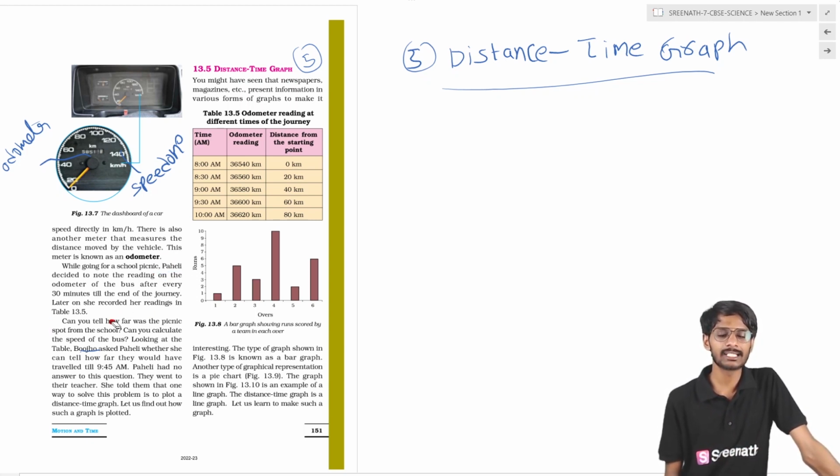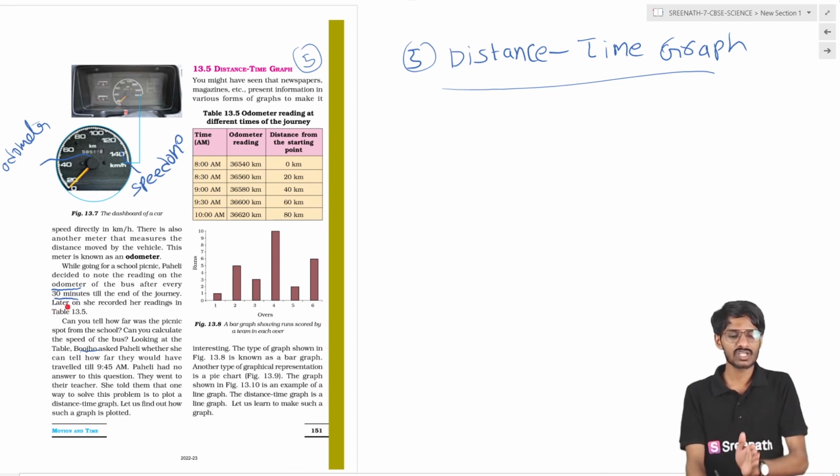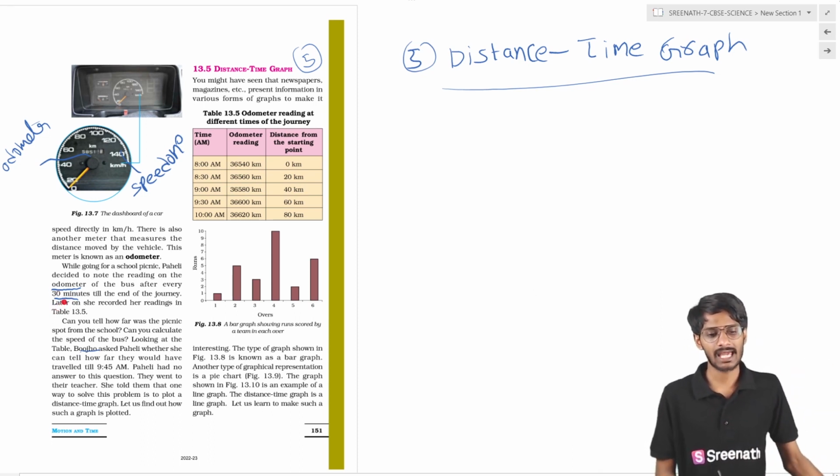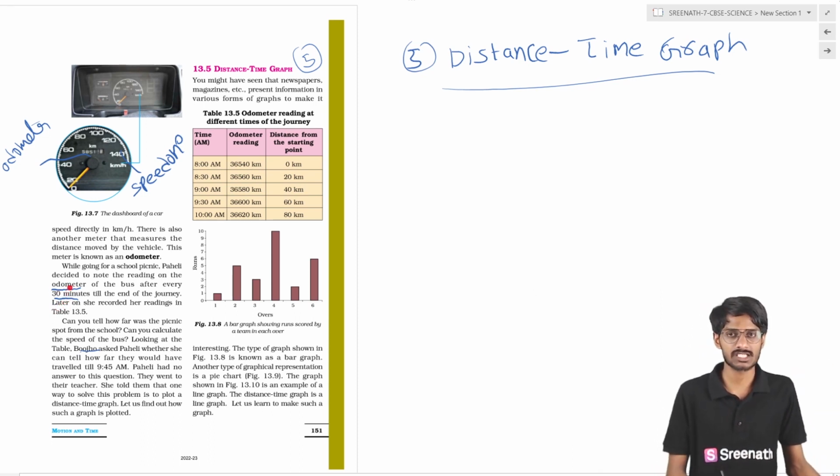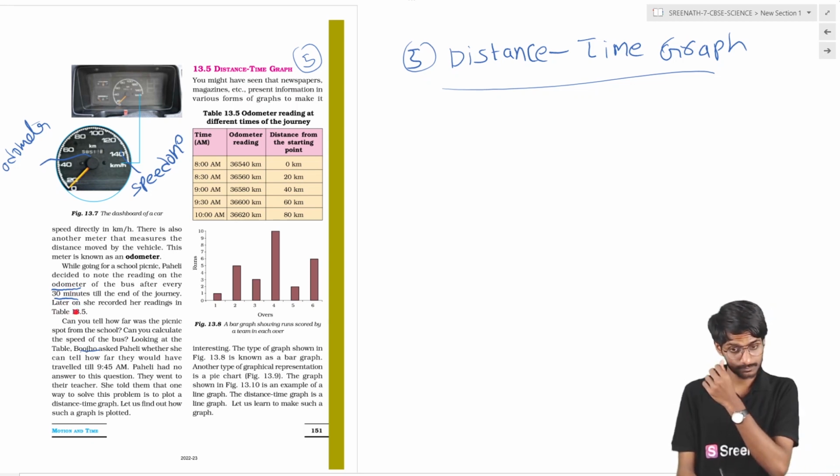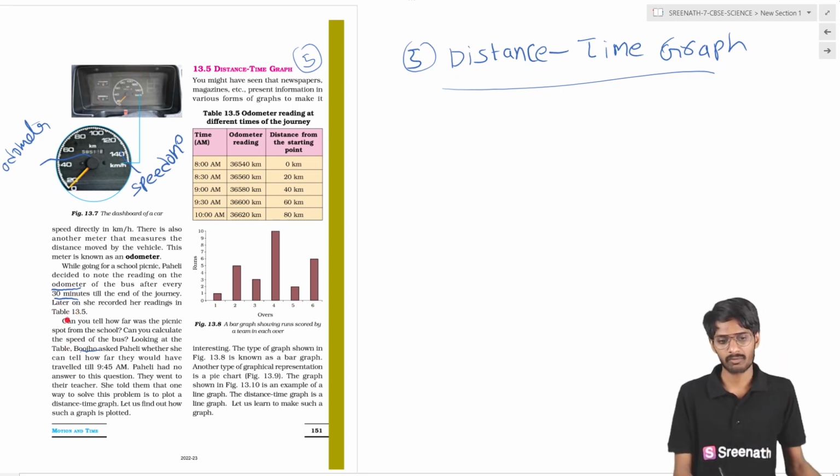Pehli decided to note the readings of the odometer. The odometer shows the distance, and she decided to note for every 30 minutes how much distance they have traveled. So she noted all the information.